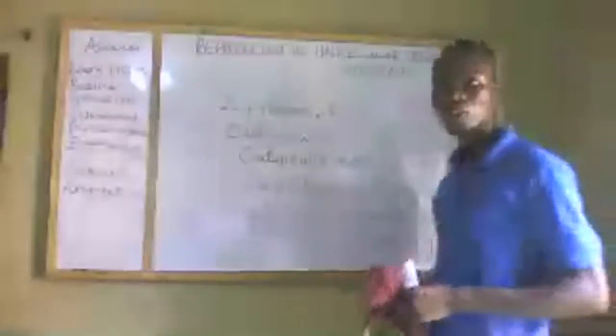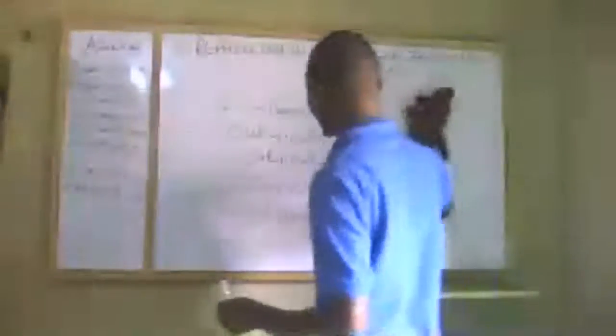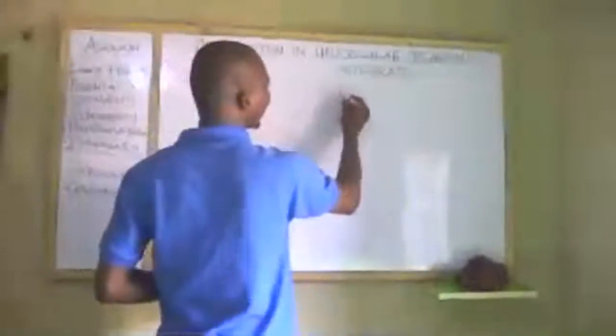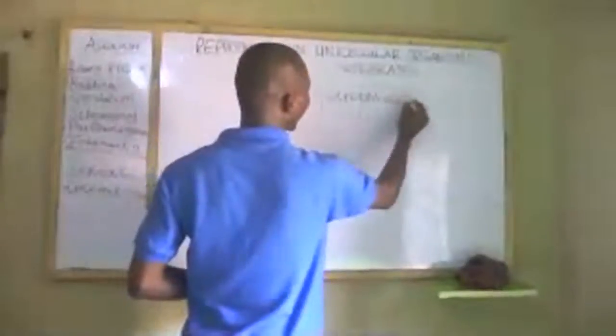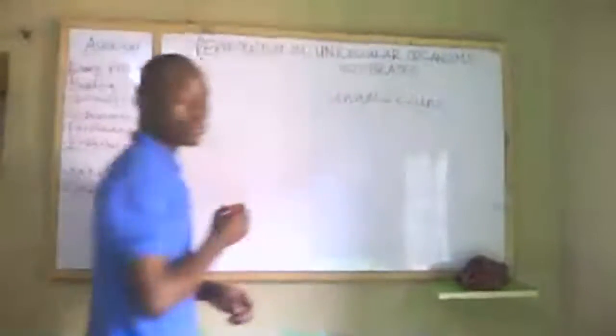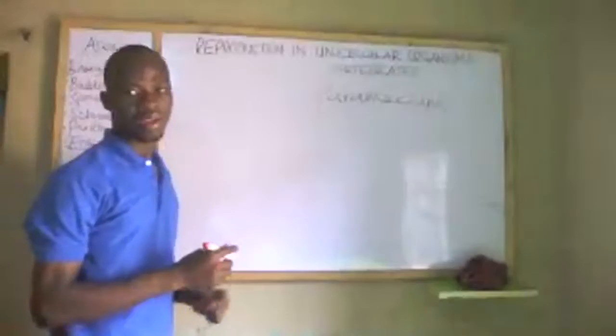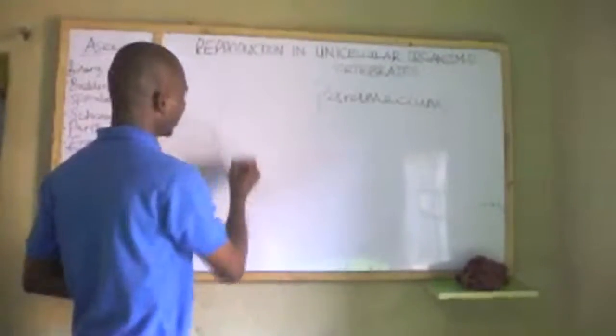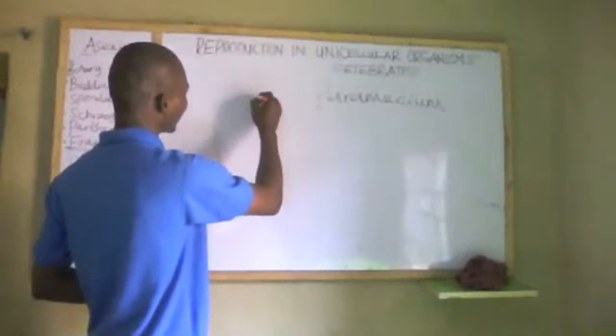The next I want to take is conjugation in Paramecium. Just like that of Spirogyra, two paramecia cells are needed, and these are the paramecia.